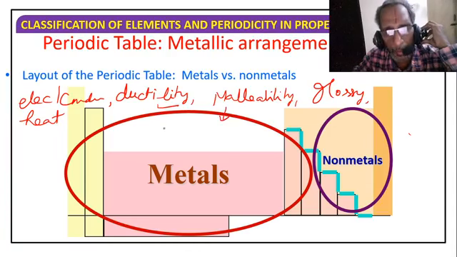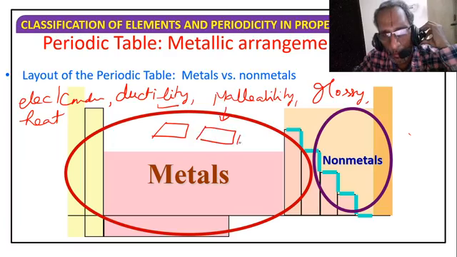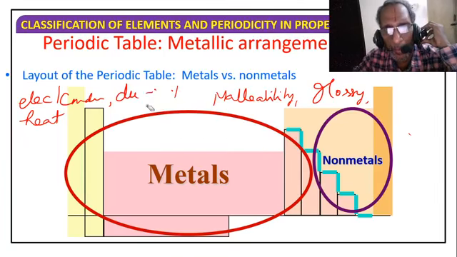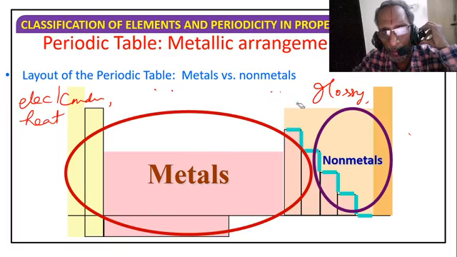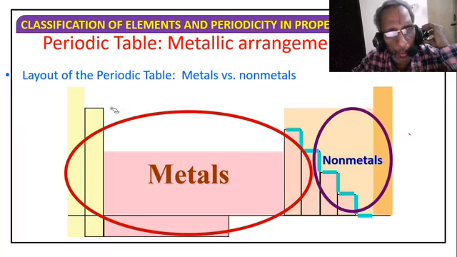Malleability means the capacity to be drawn in the form of sheets: rectangular sheets, circular plates, rings, like that. That is called malleability. Glossy appearance means fine finish. Electrical conduction, they will conduct electricity. Heat conduction, they will conduct heat.